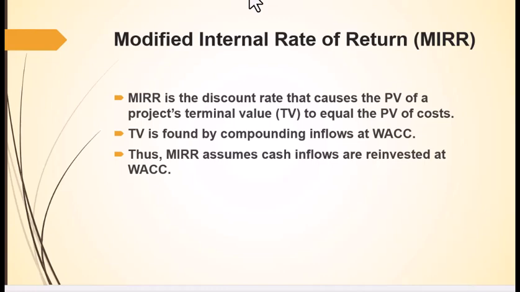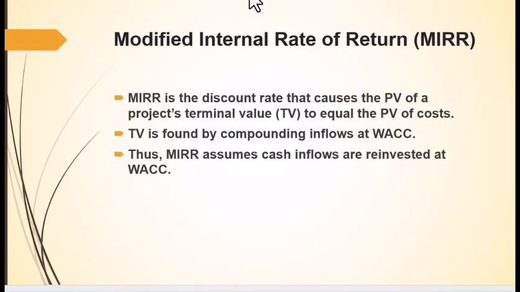Okay, we're going to conclude talking about the capital budgeting techniques by just covering some additional techniques that could be used, or frequently are used, in mostly larger companies. One of the things we have here is something called a modified internal rate of return.